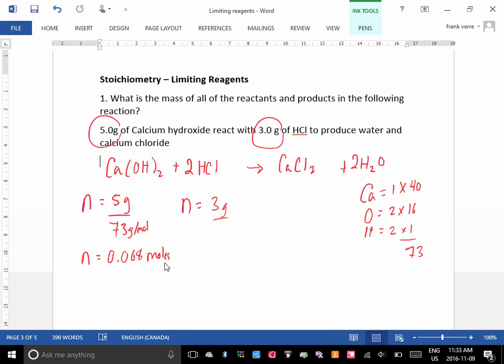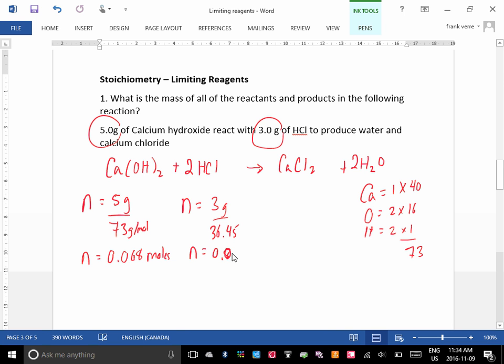Again, it's the mass over the molar mass. Now HCl is 1 hydrogen, which is 1, and 1 chlorine, which is 35.45, so that adds up to 36.45. How many moles is HCl? 3 over 36 is like 1/12, so it should be about 0.08. What is it exactly? Yep.